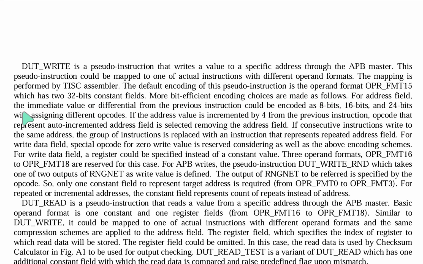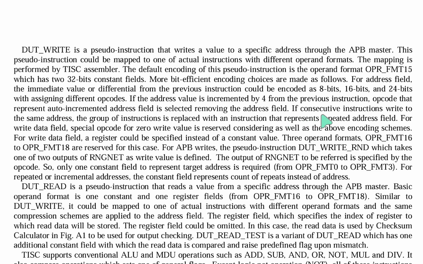For the address field, the immediate value or differential from the previous instruction could be encoded as 8-bit, 16-bit, and 24-bit, with assigning a different OP code. If the address is increased by 4 from the previous instruction, the OP code that represents the auto-incremented address field is selected, removing the address field.